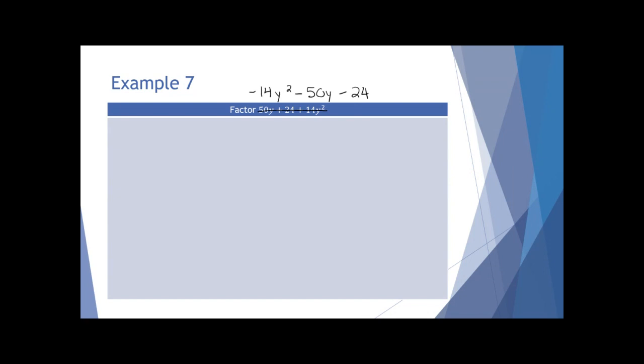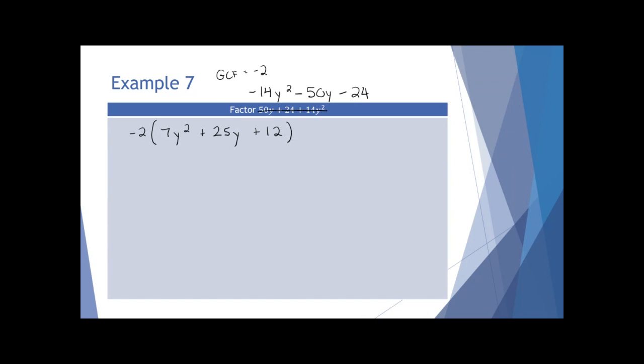So my GCF here is going to be a negative 2, because I'm going to take out that negative. So I'm going to just divide all of these numbers by negative 2. I'm not going to show the step where I write the division, but I'm going to just do that division. So that means all of the signs change because I'm taking out a negative, and then I'm dividing all of the numbers by negative 2.